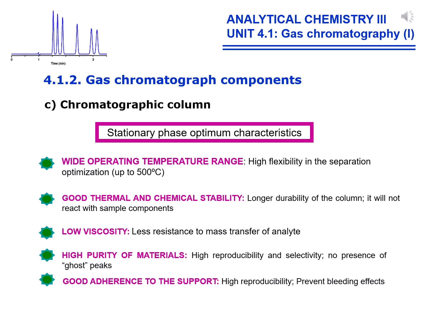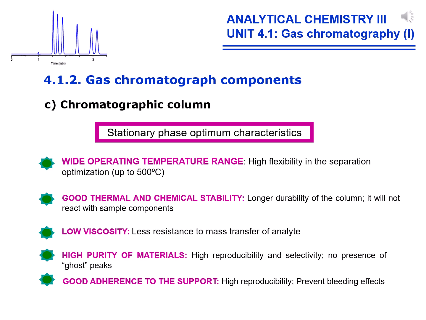The characteristics of an ideal gas chromatography column are: wide operating temperature range, leading to greater experimental conditions flexibility. Some columns can go up to 500 degrees. Good chemical and thermal stability to prevent reactivity with the sample components, getting longer column durability.